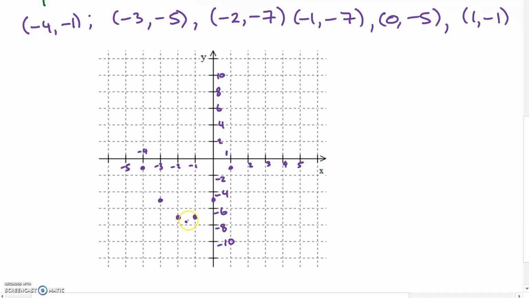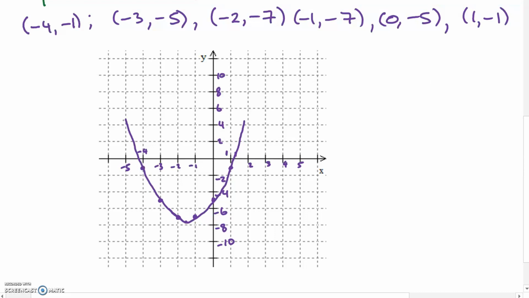Okay, so let's just draw the graph now. It's going to look something like that. On this side, it will look something similar. Okay, so there's the graph.